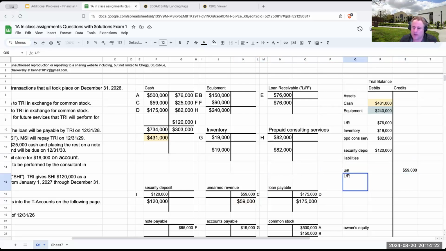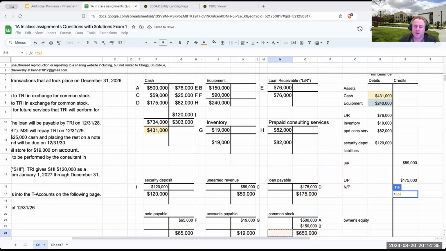Over here, we have loan payable, or LP. Right over here, we've got note payable of 65. Then we're going to have AP, accounts payable, of 19.